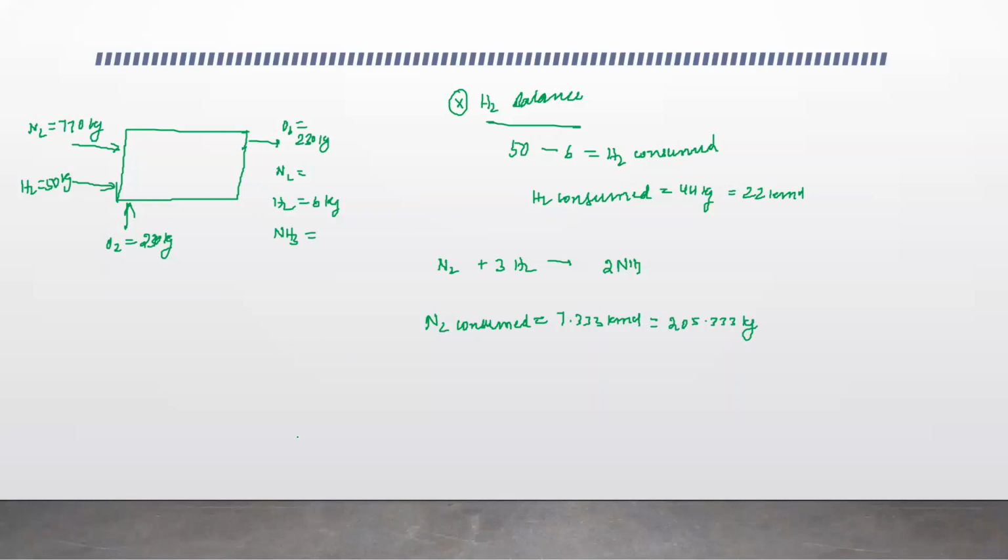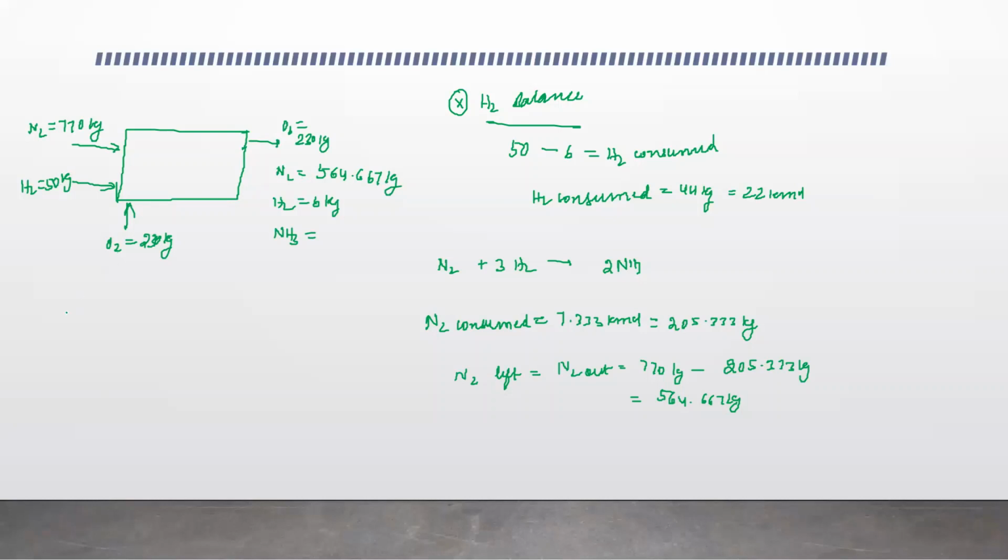So nitrogen out, if you do nitrogen balance, is nitrogen in minus nitrogen consumed. Nitrogen in is 770 kg, minus 205.333 kg, right? So that is going to give you 564.667 kg of nitrogen coming out.